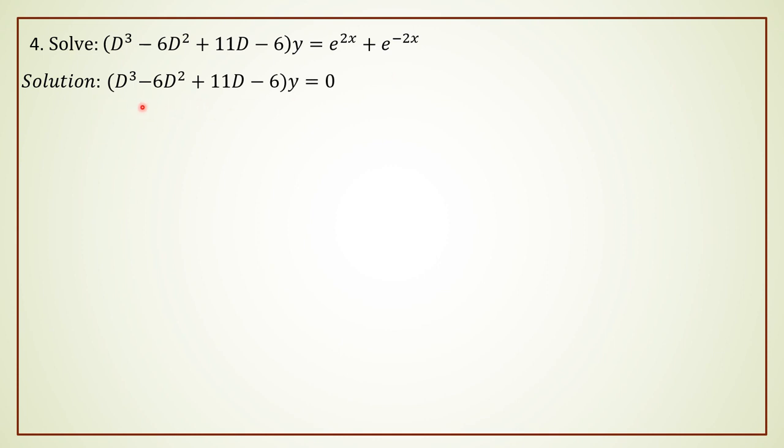It is (D cube minus 6D square plus 11D minus 6) of y is equal to 0. Then the auxiliary equation is given by D cube minus 6D square plus 11D minus 6 is equal to 0. Since it is a cubic equation, you can get the roots of this equation easily using the calculator.